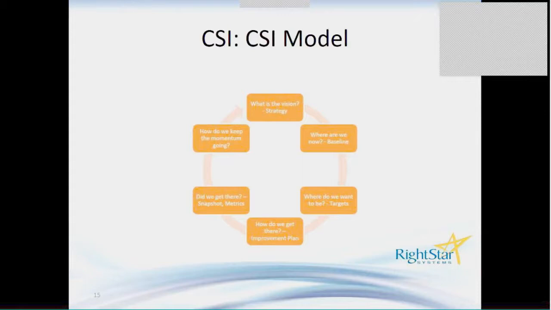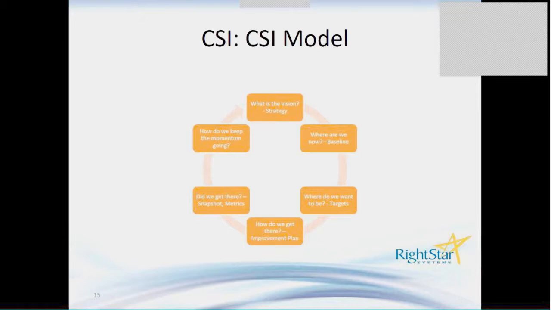So we look at what's the vision, and this applies not just to incident management, but to every process and service that we provide in IT. What's the vision? Where are we now? Where do we want to be? What are our targets? How do we get there? Did we get there? Measurement is very important. So we want to be sure that we have not just the means to measure our performance, but also make sure that we're measuring the right metrics.